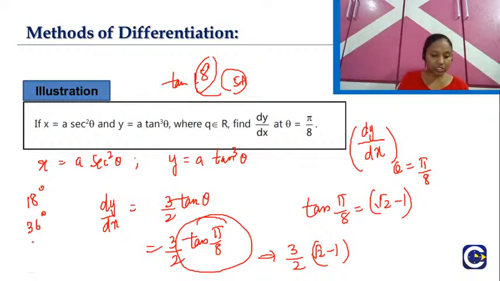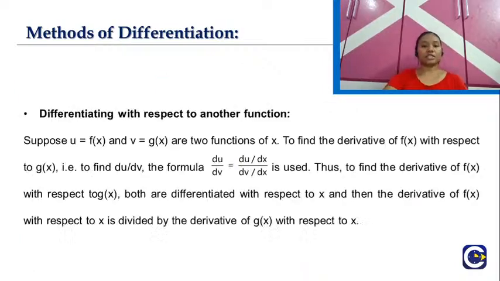Yeah, Arun, correct. So I guess you guys are clear with this question also. So with this, I am sure that you are okay with this method of parametric form. So now we'll just move to the next part. So the next topic here, yeah, correct, 3 by 2 root 2 minus 1.